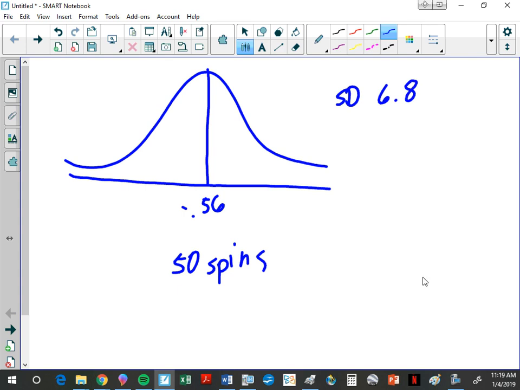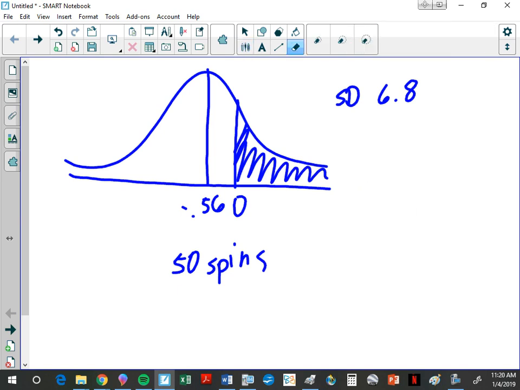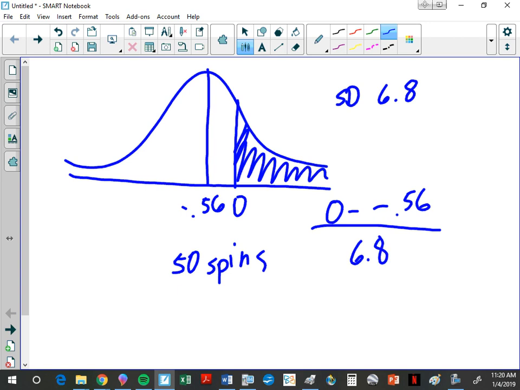Okay, and the question says, what's the chance that you spin 50 times and you win money? So we want to know what is to the right of $0. This goes back to chapter 5. So we take 0 minus, wait, other way around. It's always, no, it's value minus average. 0 minus negative 0.56 divided by 6.8.